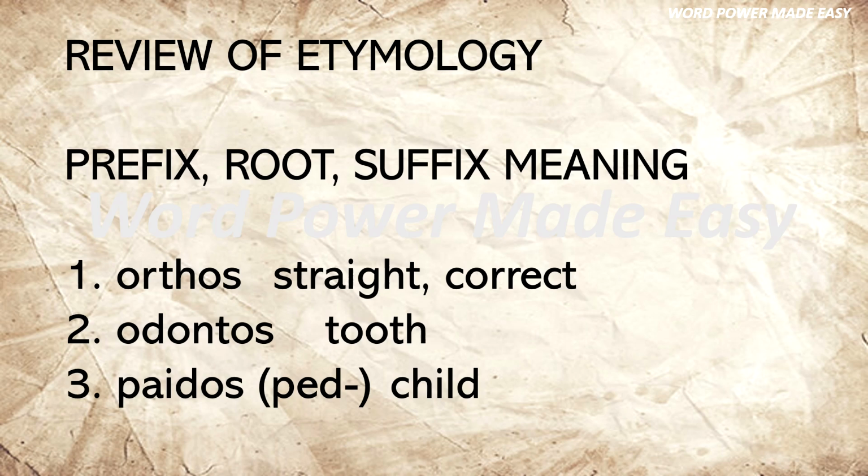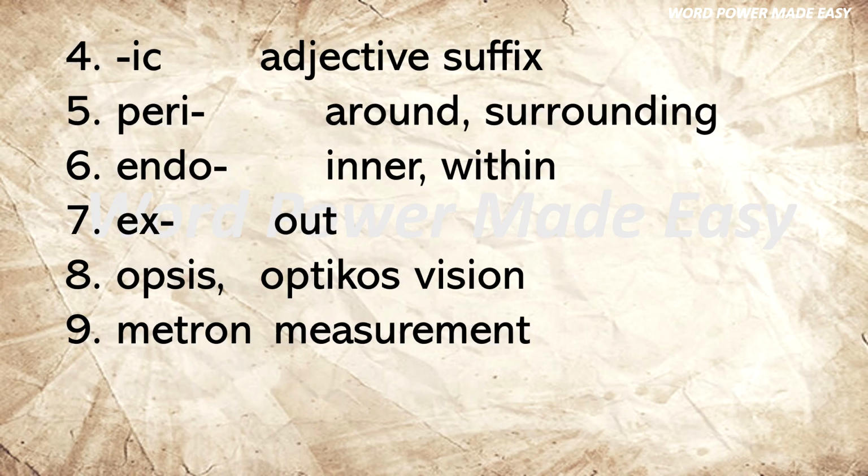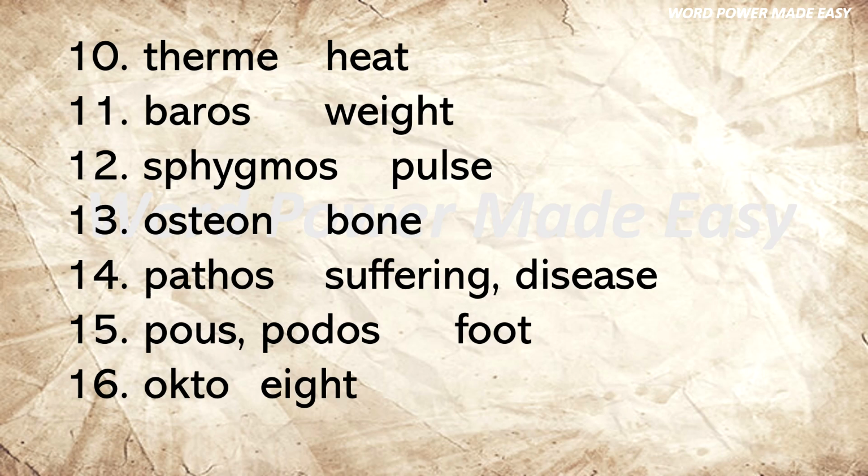Review of etymology. Prefix, root, suffix, meaning. 1. Orthos, straight, correct. 2. Odontos, tooth. 3. Paidos, child. 4. -ic, adjective suffix. 5. Peri, around, surrounding. 6. Endo, inner, within. 7. Ex, out. 8. Opsis, optikos, vision. 9. Metron, measurement. 10. Therm, heat. 11.